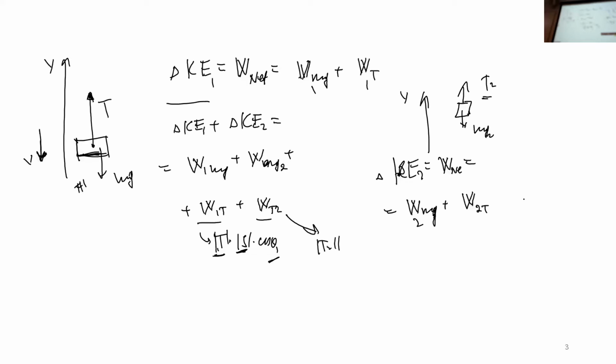In my case number 1, displacement is down, force is up. This is 180 degrees. In my case number 2, displacement is up, force is up. This is 0 degrees. So this will be -1, and this will be 1, cosine and cosine. That is why these two terms cancel each other out.